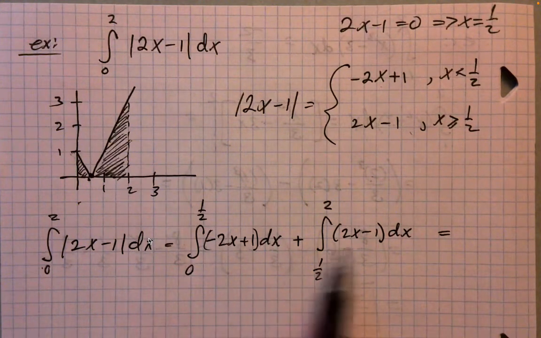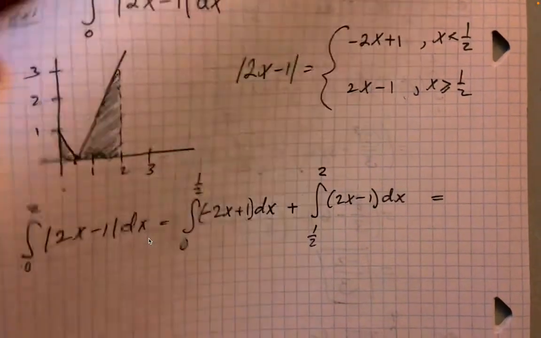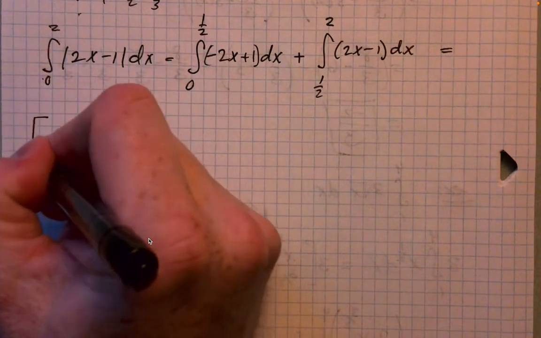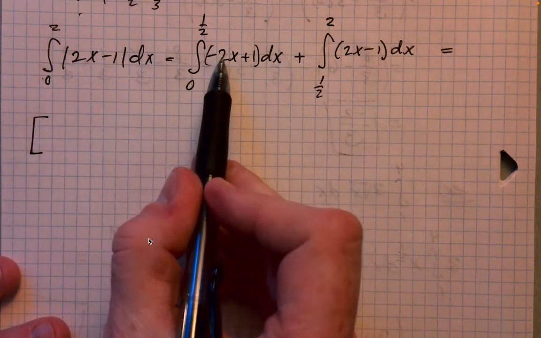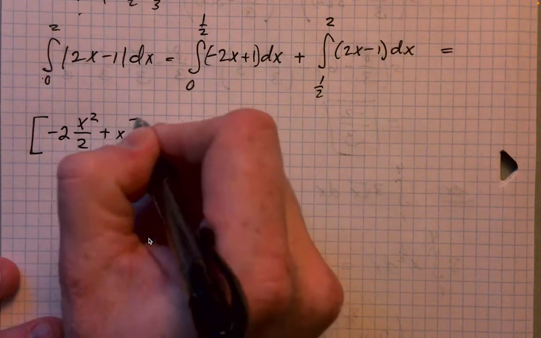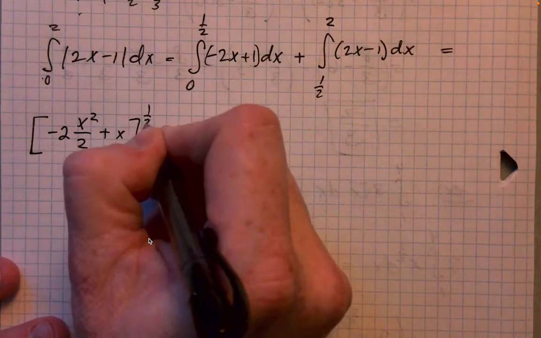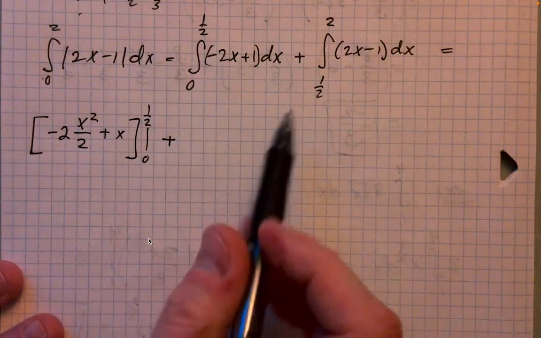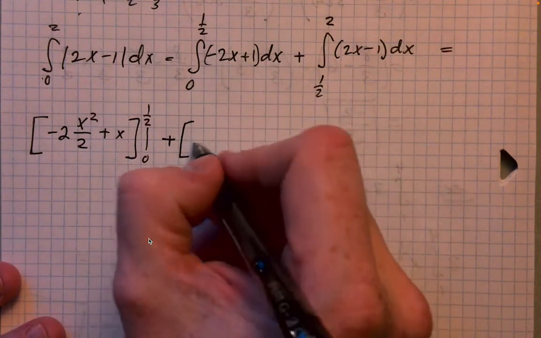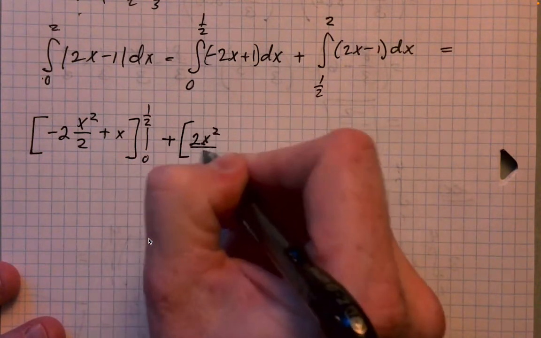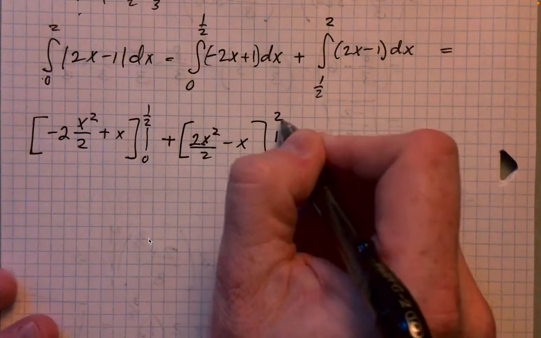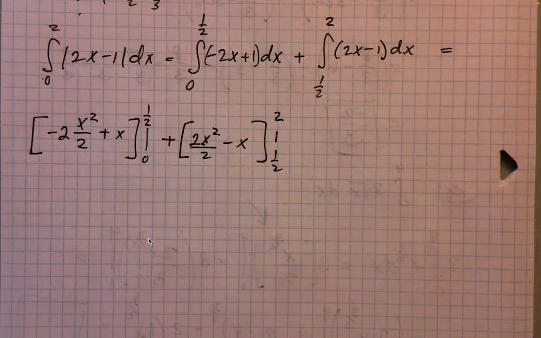These are straightforward polynomials, and there's an antiderivative for that we know. So let's write it out. This would be negative 2x squared over 2 plus x, from 0 up to 1/2. And we're going to add to that, looks pretty close, just not negative, so 2x squared over 2 minus x, from 1/2 up to 2. Okay, so there's the two antiderivatives.